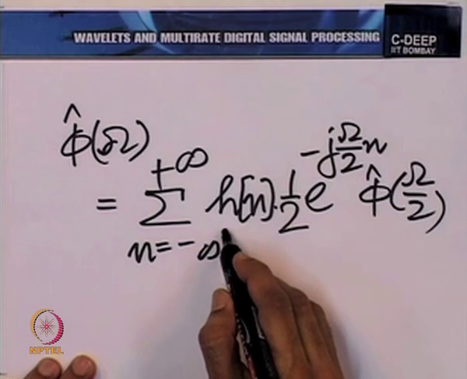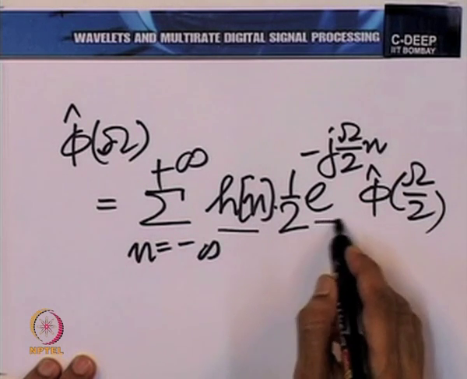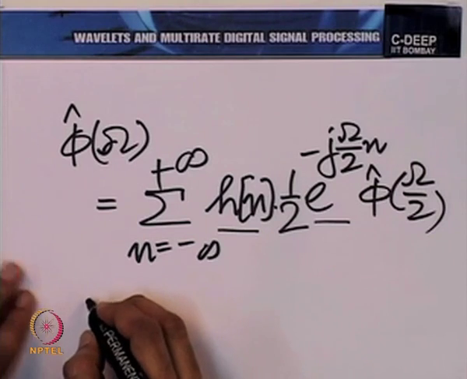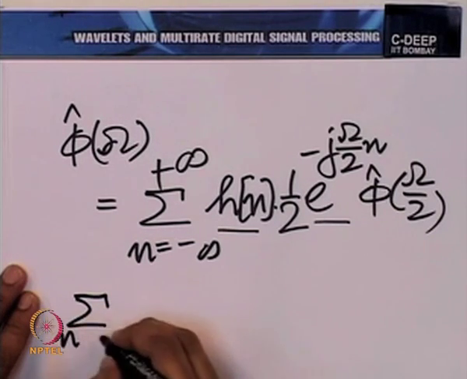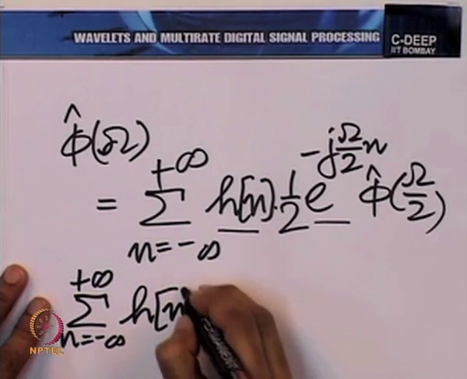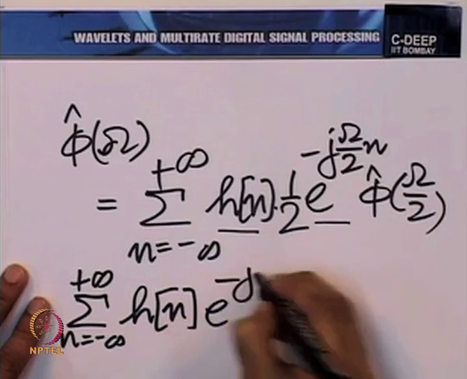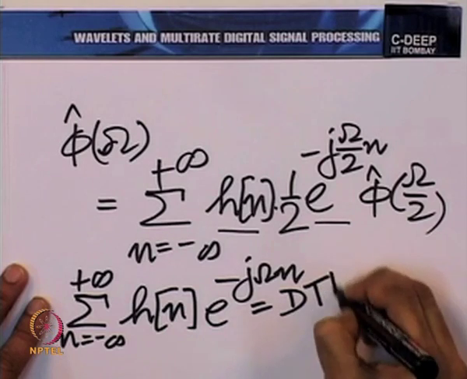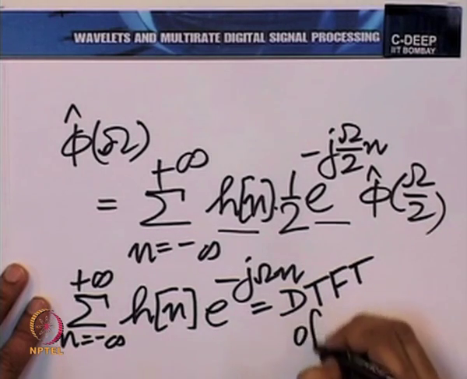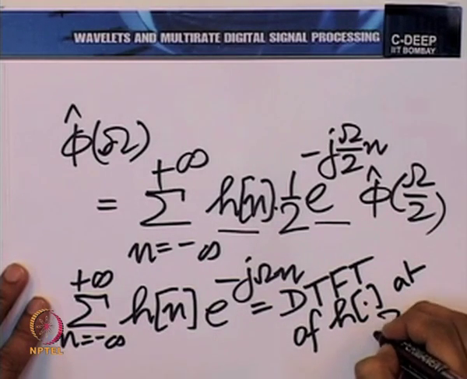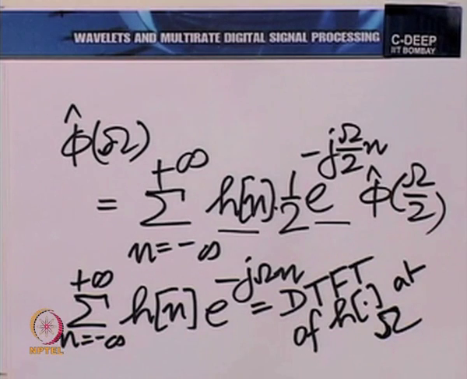Now, this part of the summation, the part that involves n, is familiar to us again. Indeed, we note that the summation n going from minus to plus infinity h n e raised to the power minus j omega n would be essentially the DTFT, the discrete time Fourier transform of h evaluated at capital omega.